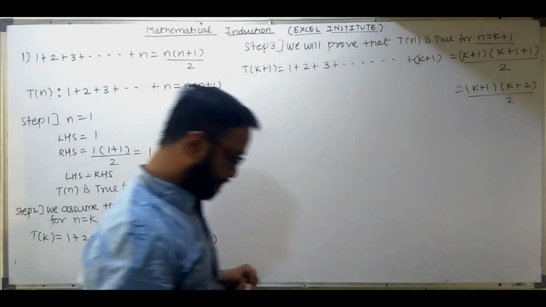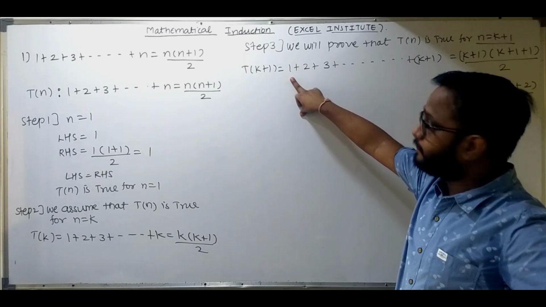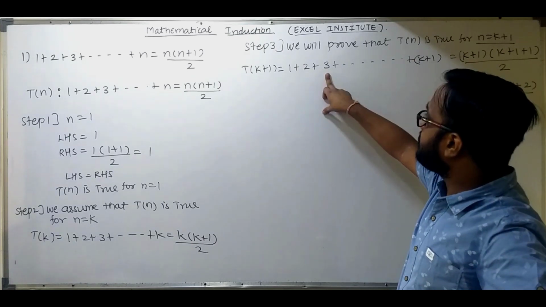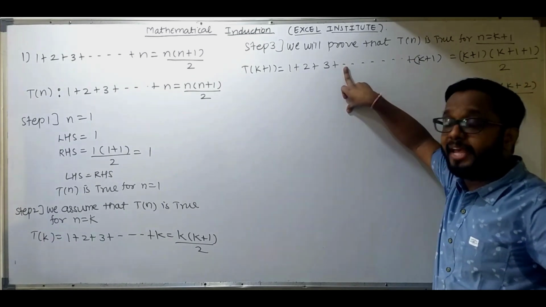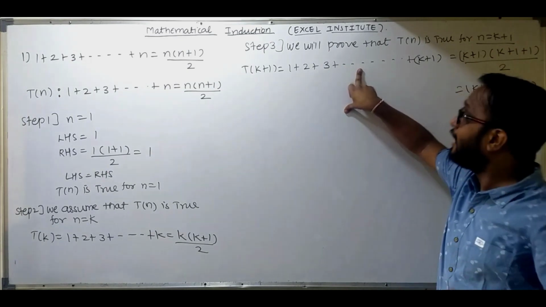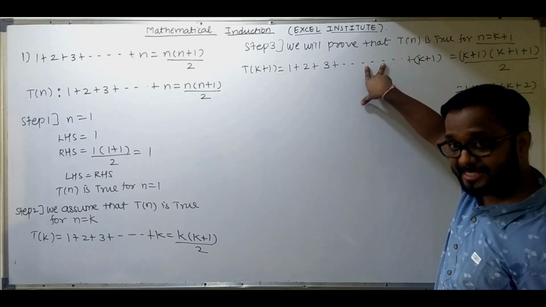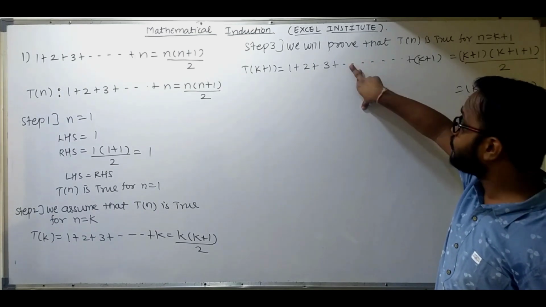Now see, this is 1, this is 2, this is 3. Can you tell me the next term? Next term will be 4. After 4, 5. So if I say there is a 7, then before that will be 6, and before that the 5th term.